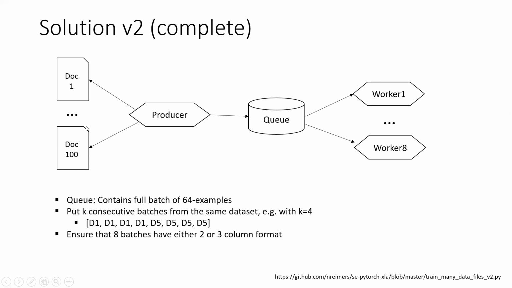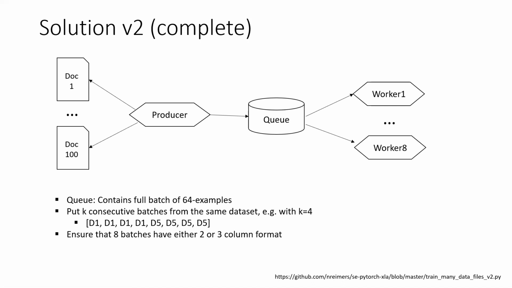The producer randomly selects the data sets, reads from disk, and puts data on the queue. Instead of putting individual examples, we put full batches, so every item on the queue contains 64 examples.